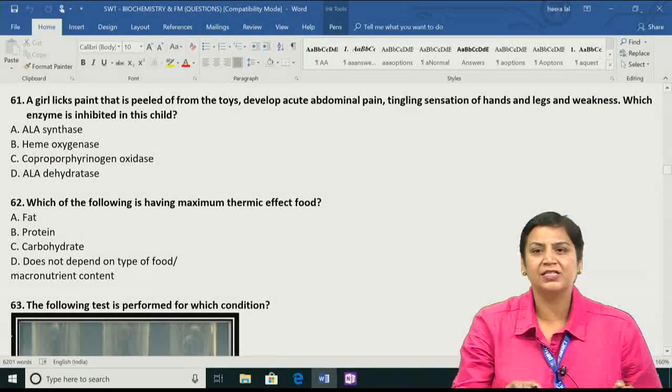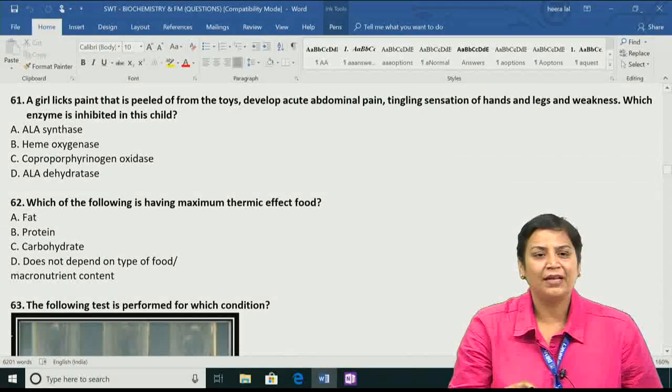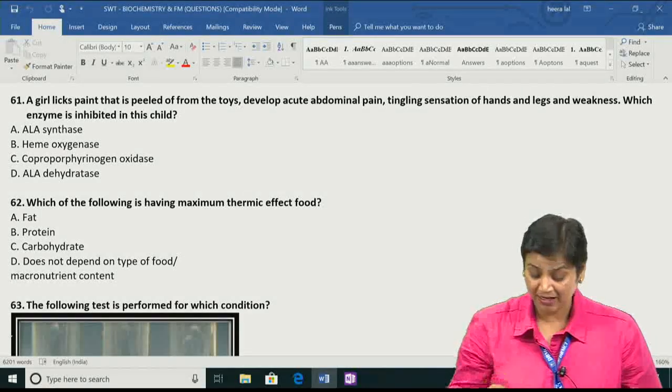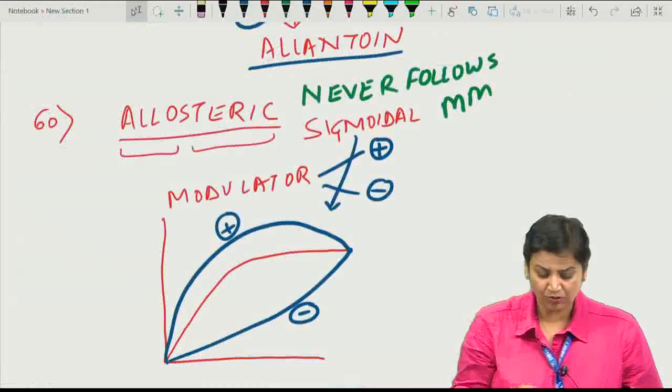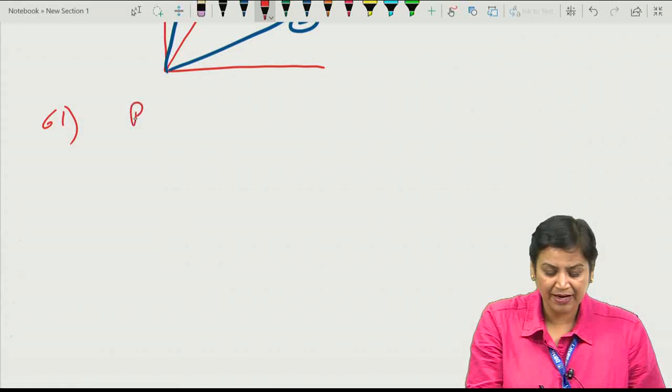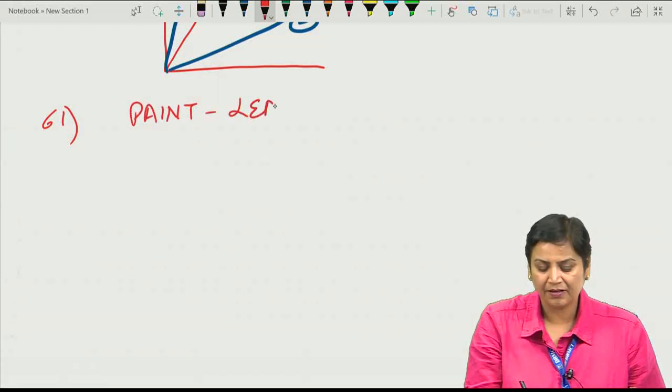Then question number 61. A girl licks paint that has peeled off from toys and develops acute abdominal pain, tingling sensation of hands and legs, and weakness. Which enzyme is inhibited in the child? So it's again a very simple question. The girl is licking the paint, and we all know that this paint consists of lead.